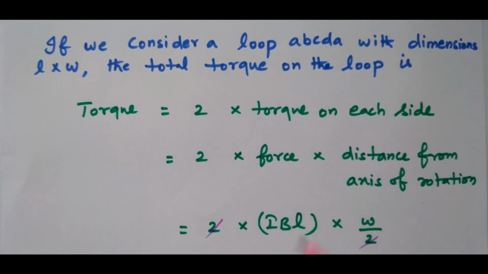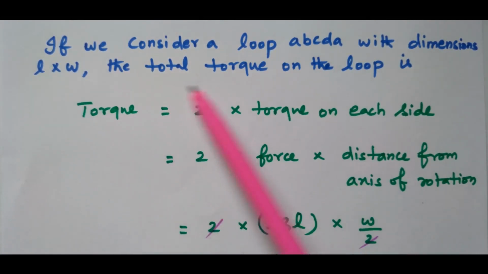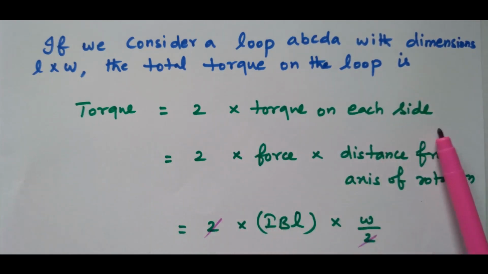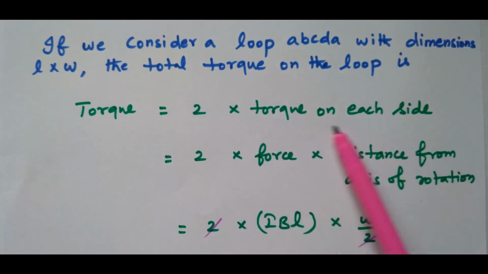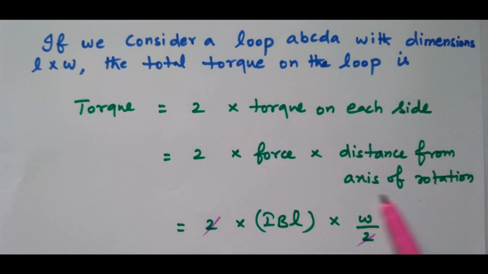If we consider the loop ABCDA with the dimension L into W, the total torque on this loop is given as torque equal to 2 into the torque on each side. We consider AB and CD. So the total torque is nothing but 2 times the torque on each side. What is the formula for torque? Force into the distance from the axis of rotation. That is the general formula. Torque equal to F into distance.